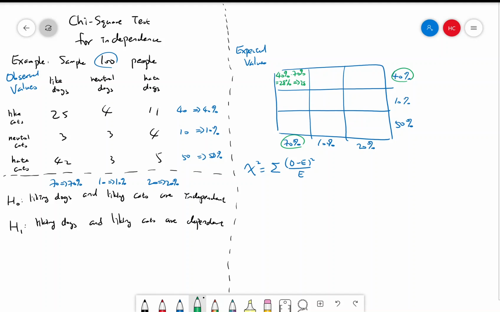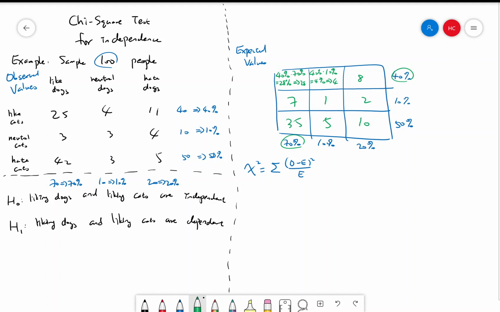And the same thing for all the other entries. So the top middle is 40% times 10%, which is 4%, which means 4. So this is going to be 8, 7, 1, 2, 35, and 5, and 10.